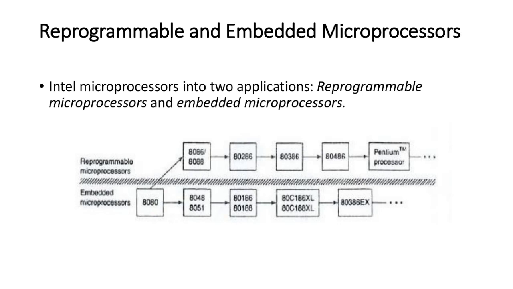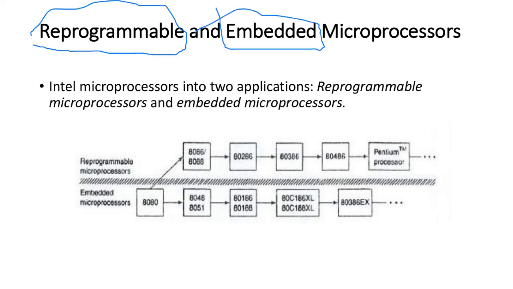Inside the microcontroller there is also a microprocessor, but a different type. One is called reprogrammable microprocessor, and one is called embedded microprocessor. The embedded microprocessor is used in the microcontroller. It is embedded and used for certain types of applications, for example your project.